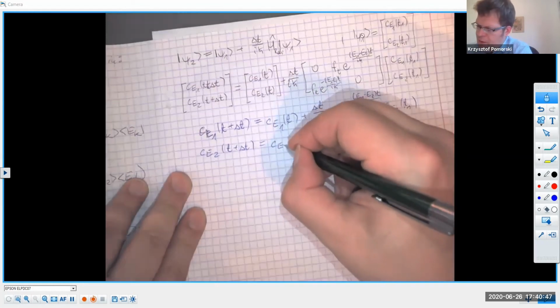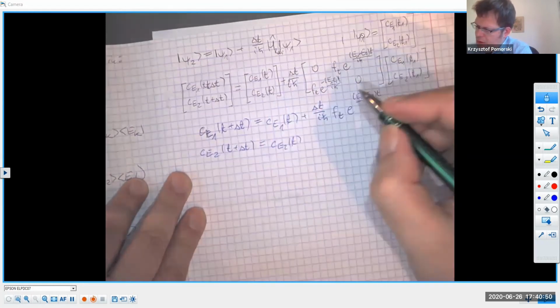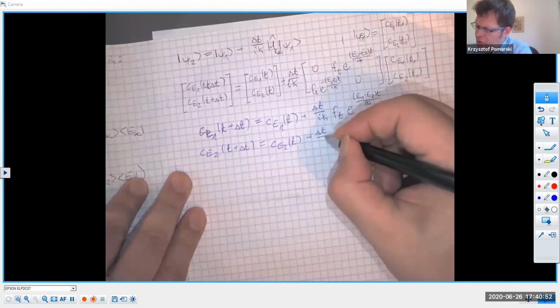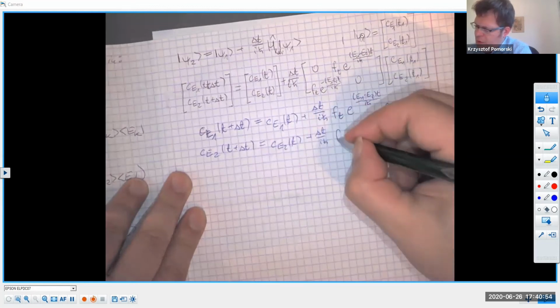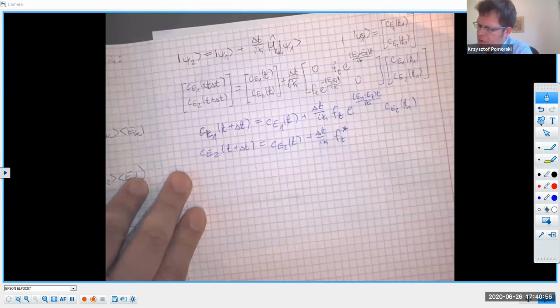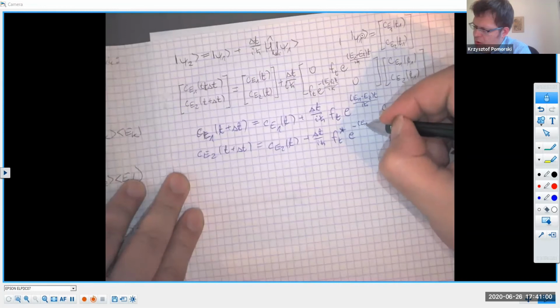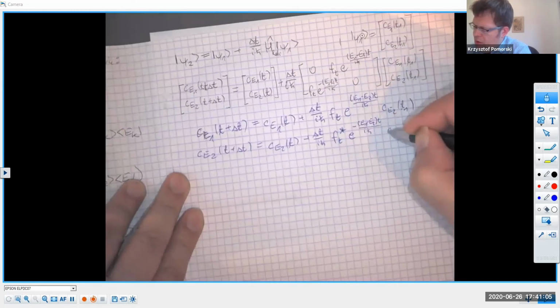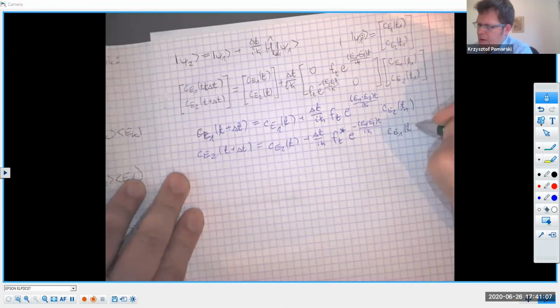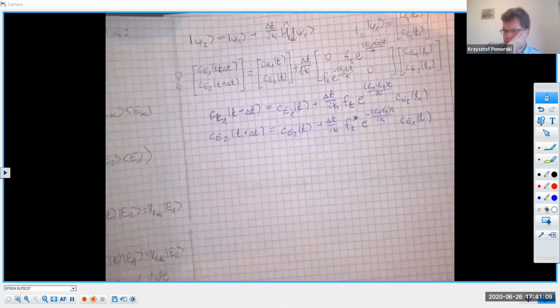So this is nothing else. Again, the same procedure, but then we have this complex conjugate, U1, U2, C. So we have such a type of situation.